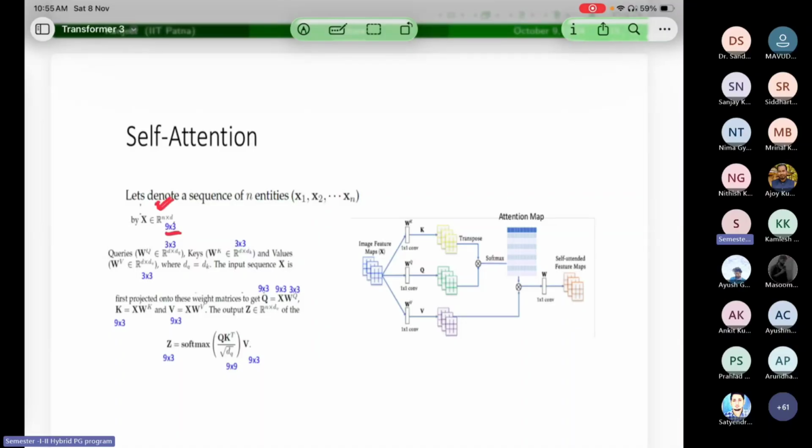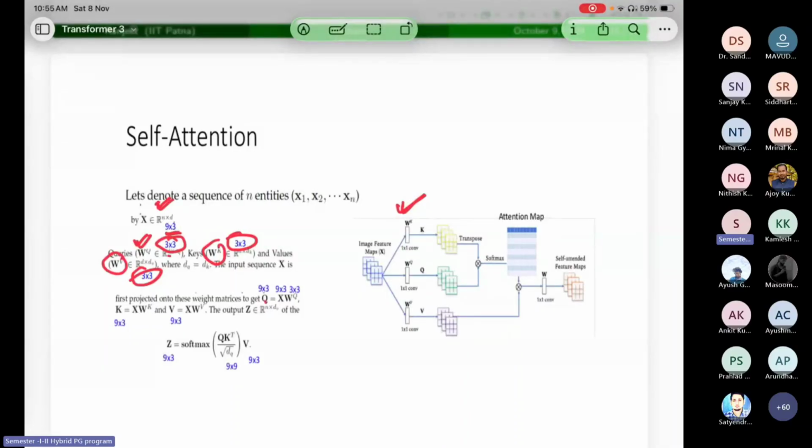Then we define wq of size 3 by 3, which is your fully connected layer. Again wk I'm giving 3 by 3, wv I'm giving 3 by 3, and then we'll find q, k and v.